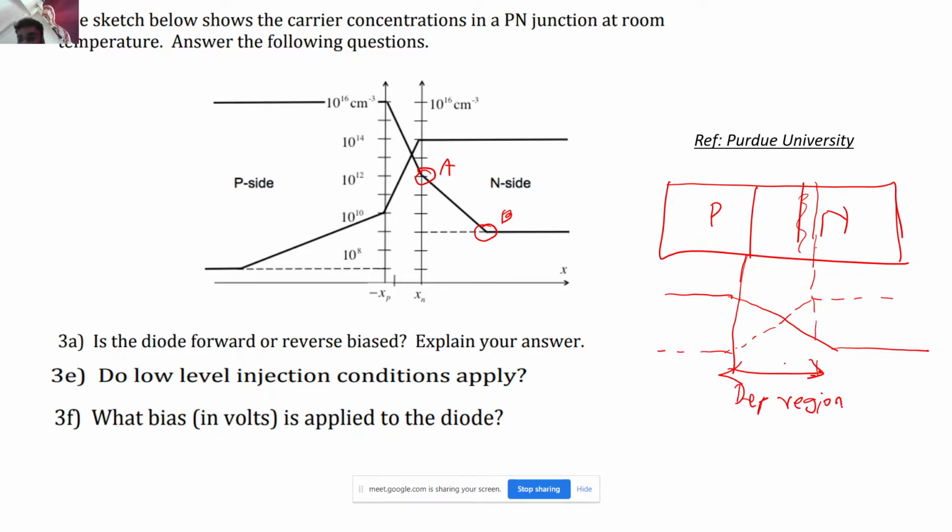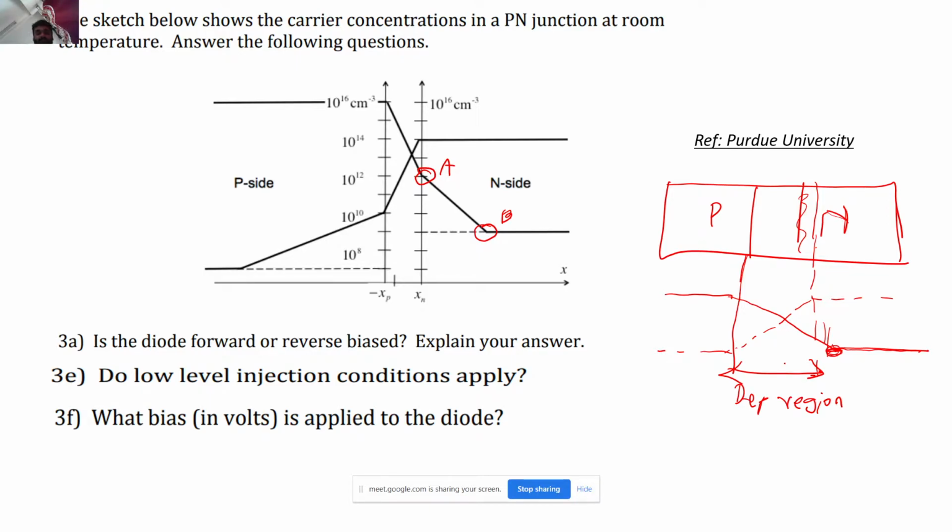Now just after the depletion region, I reach the point where the minority carrier concentration is exactly equal to the equilibrium carrier concentration present on the N side, correct? But here this is not the case. The holes on the P side first diffuse into the N side.